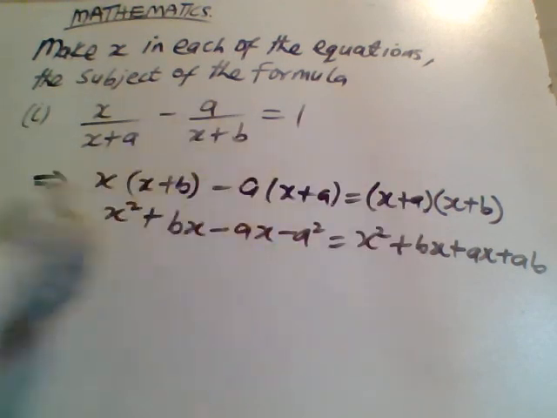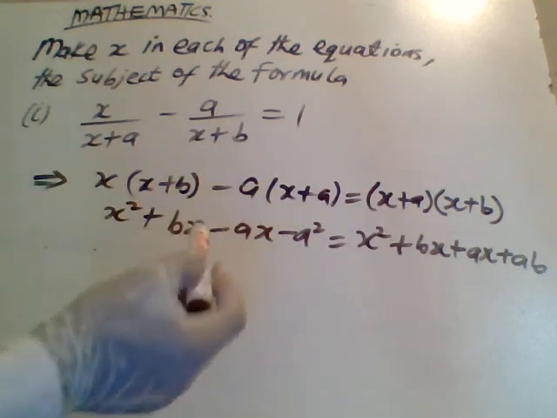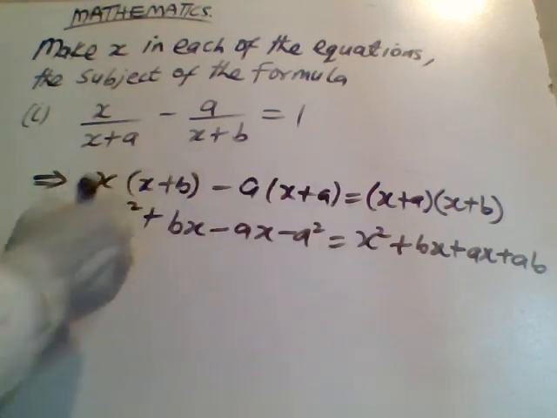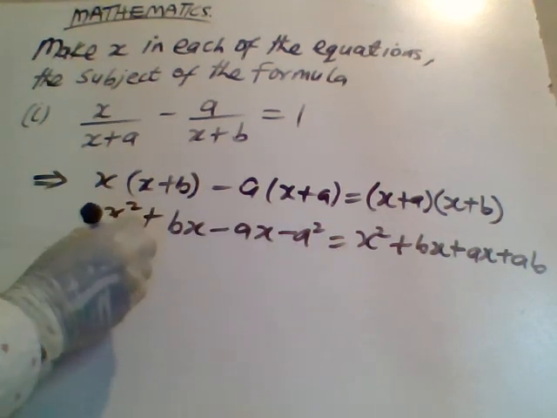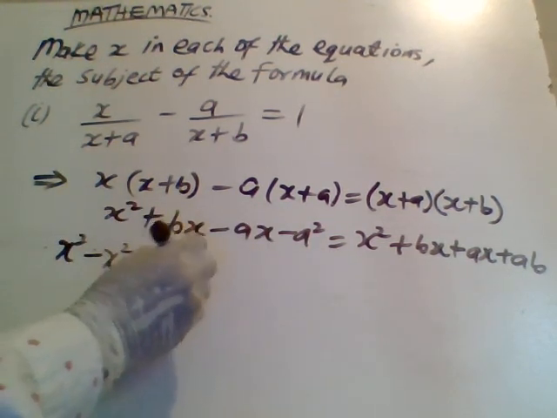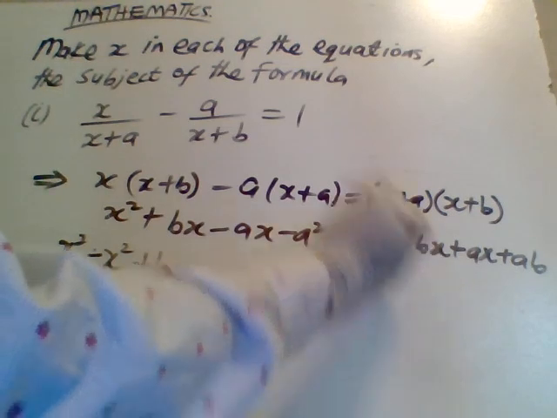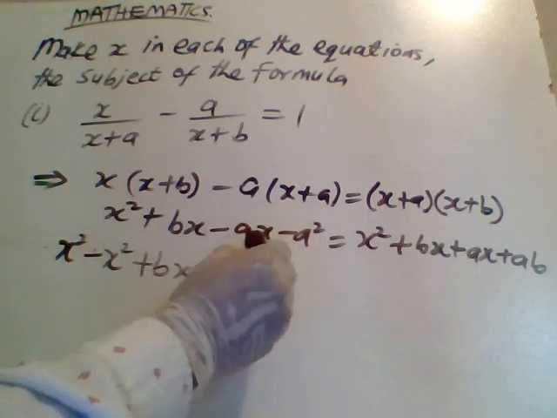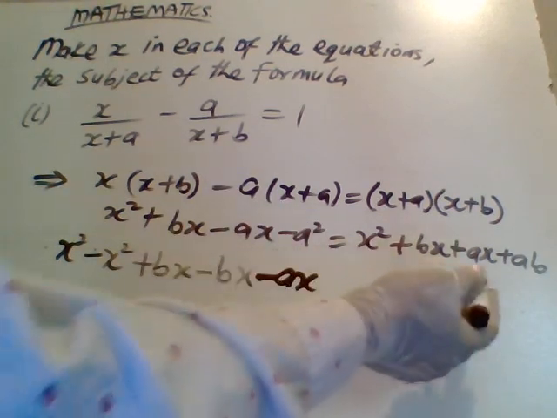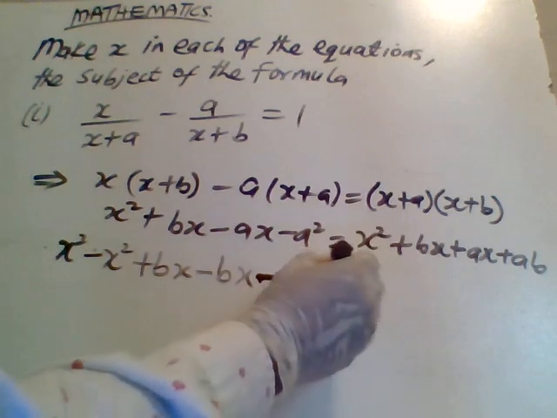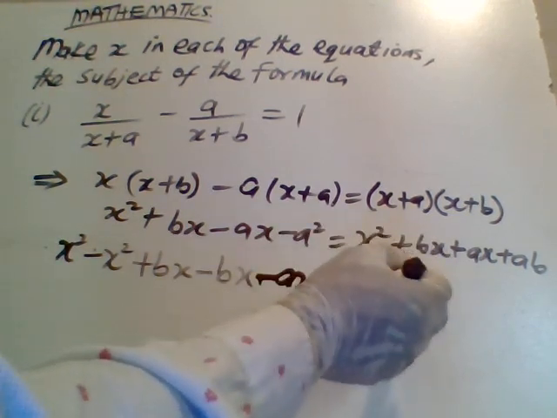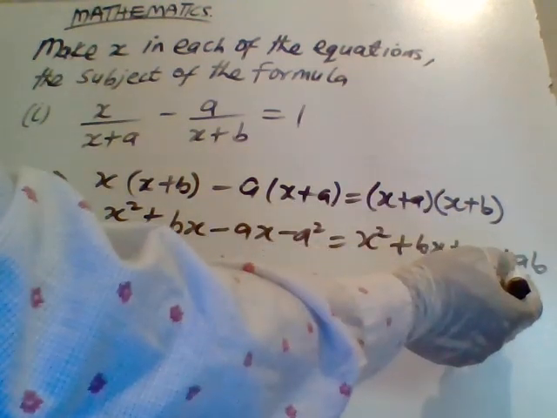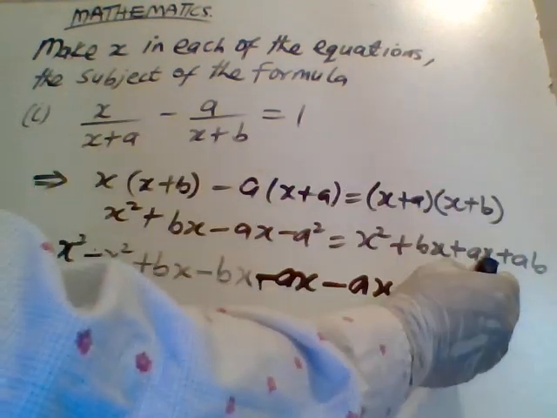Try to bring them close to their similar terms. s squared crosses the equal sign, so we have minus s squared. bx crosses the equal sign, so we have minus bx. ax crosses the equal sign, so we have minus ax, and then minus a squared. Then plus ab crosses the equal sign, so we have minus ab.